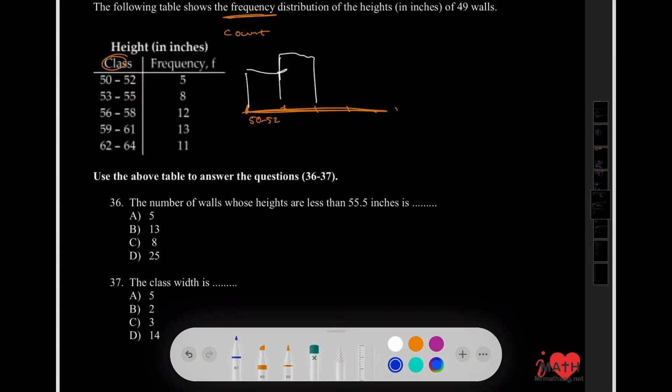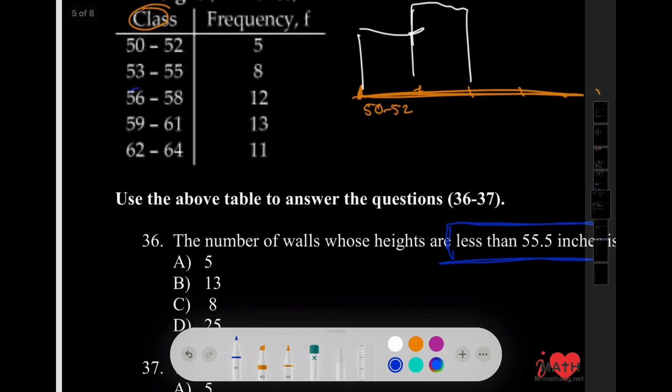Okay, so the number of walls whose heights are less than 55.5 inches. Okay, so 55.5, zoom in here. This here represents, kind of think of it as 56.0.